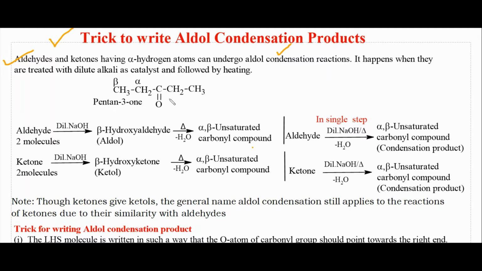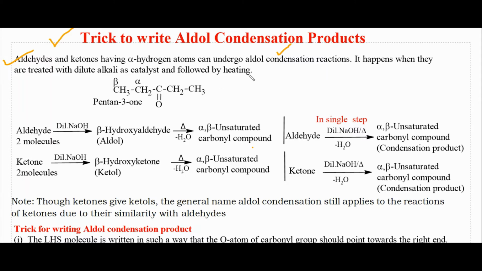In pentan trione, the functional group is C double bond O, the keto group. Next to the keto group, you can see a carbon atom which is called the alpha carbon atom, and hydrogens on the alpha carbon atom are alpha hydrogens. Next to the alpha carbon atom, there is the beta carbon atom. Since pentan trione contains alpha hydrogens, it can undergo aldol condensation reaction.